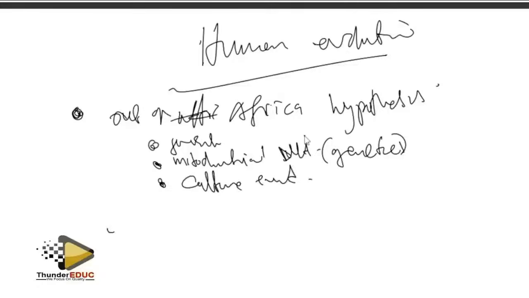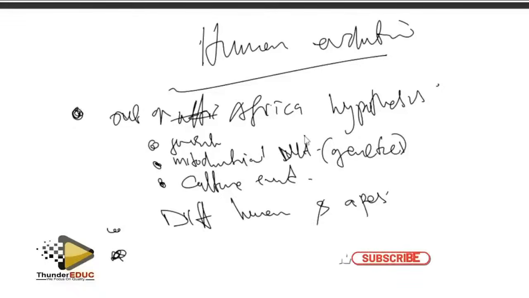And then they can also talk about the differences between humans and apes, and also the similarities between apes and humans. There is no other 6-mark question they can bring here. Nothing. I repeat, nothing. Unless it's going to come from heaven.